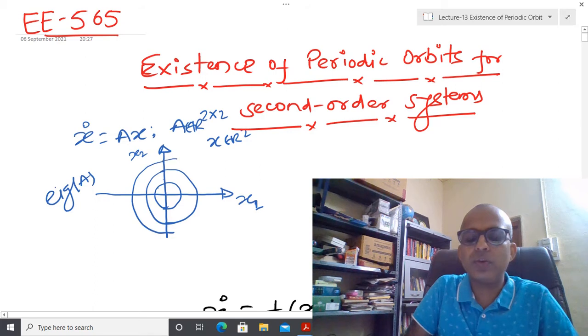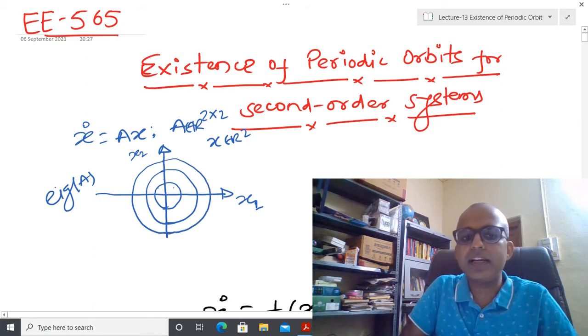So I have taken the case of a linear system. You can see that if you change the initial condition, then I have some other orbit.